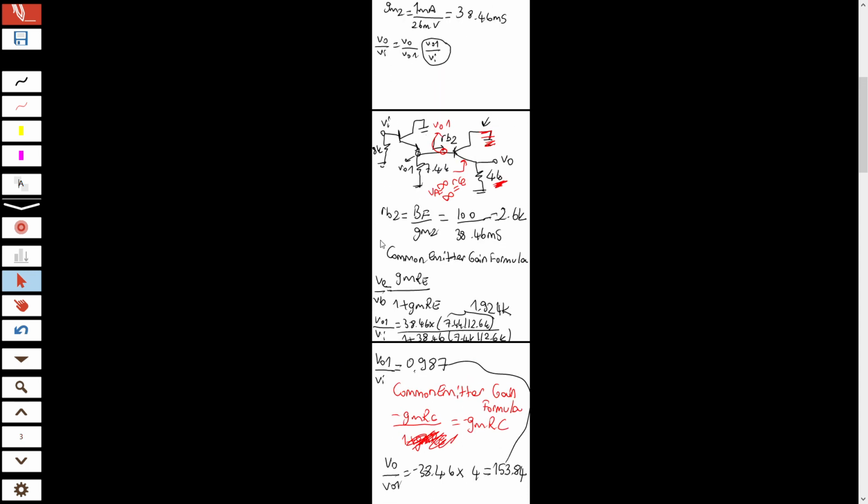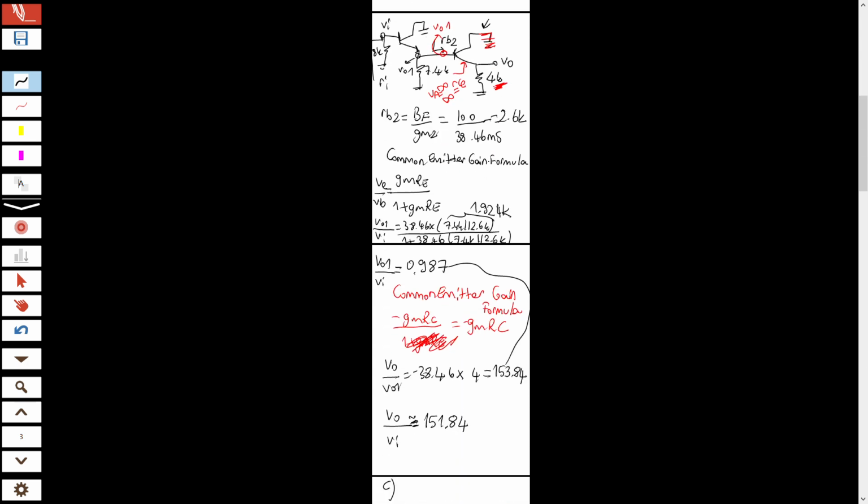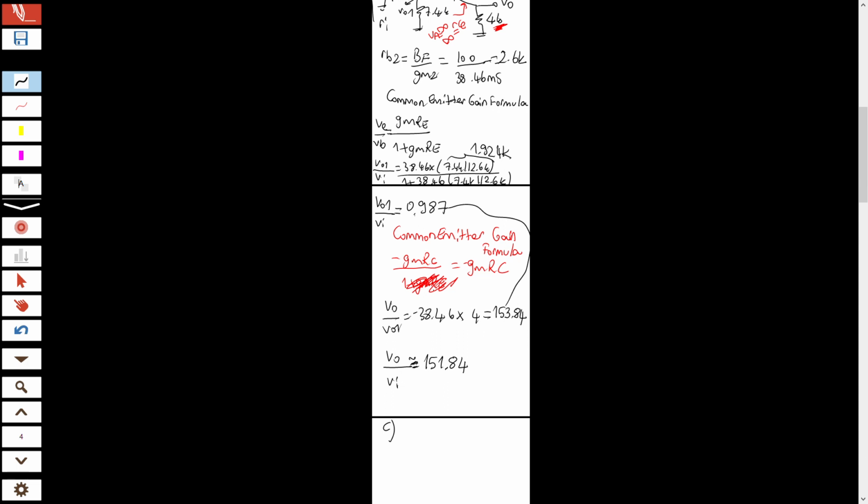Our input is, this time, we look from here. What we see from here at the base of the second transistor is Rπ1. So let's find Rπ1 first, because our input simply is Rπ1 parallel 8K.